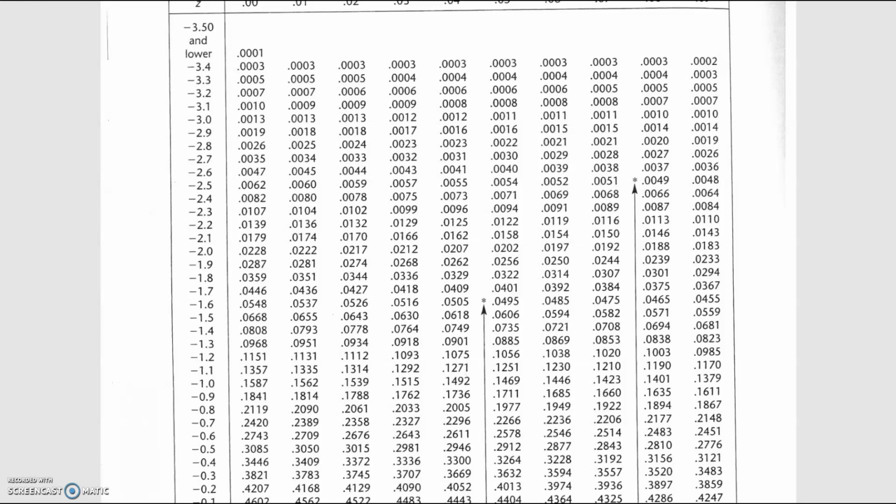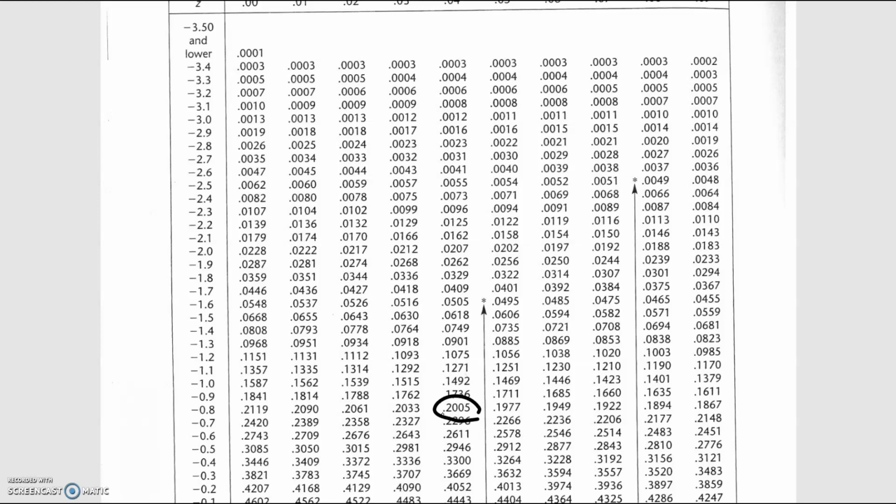Now, it may take you a little bit to find it. And there it is right there. This is the closest number I can get to 0.20. So this 0.2005, that's the closest number compared to 0.2033 and 0.1977.